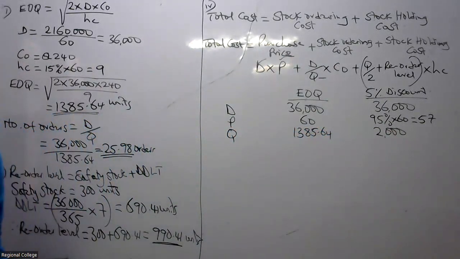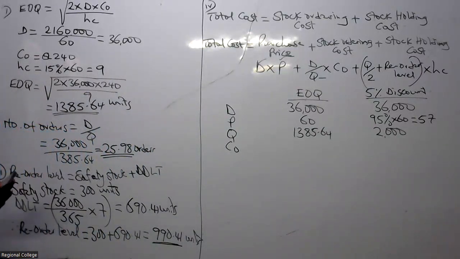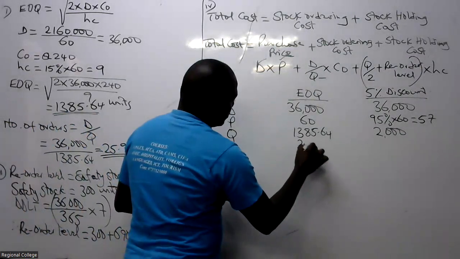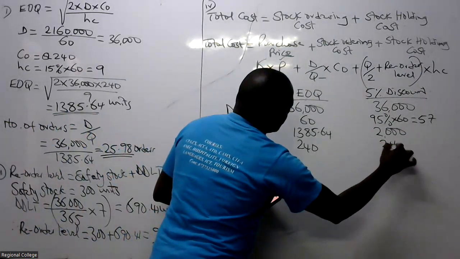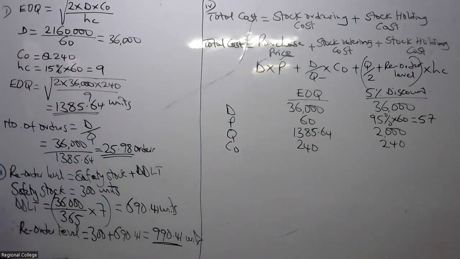So discount comes in when you buy at least 2,000. What is our cost per order? 240. It's not changing even when you introduce the discount, right?